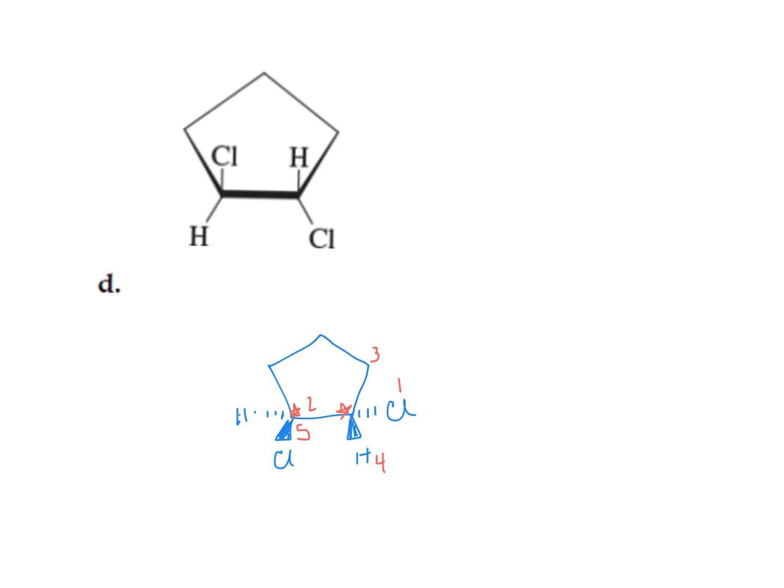So right now, according to the way it's drawn, it's going this way, okay, which we would call R, but that's not right. We need to flip our answer. It is actually an S situation because hydrogen was on a wedge instead of a dash. Okay, so this structure has an S configuration.